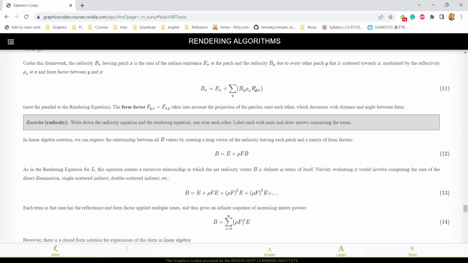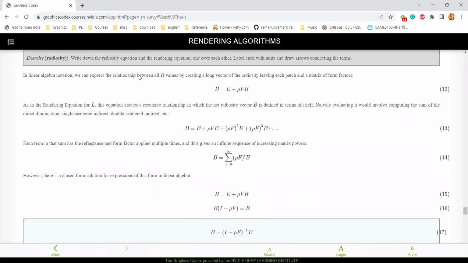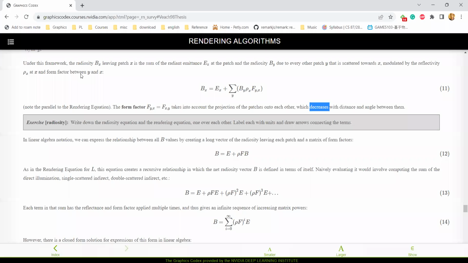Okay, so this is kind of similar to the cosine term in the rendering equation. It decreases with distance and angle between them. Seems like you'd have to take into account visibility too. Yeah.